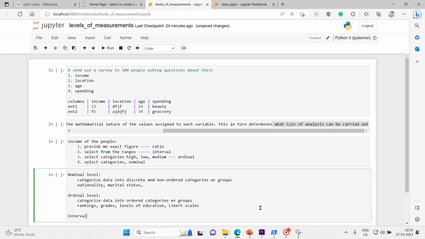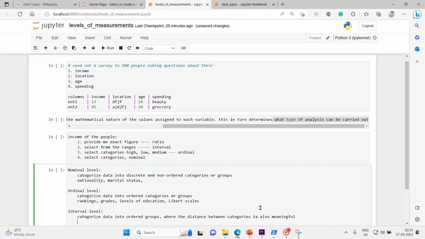So at the interval level, you'll categorize data into ordered groups where the distance between categories is also meaningful. Don't worry, I'll give you an example.